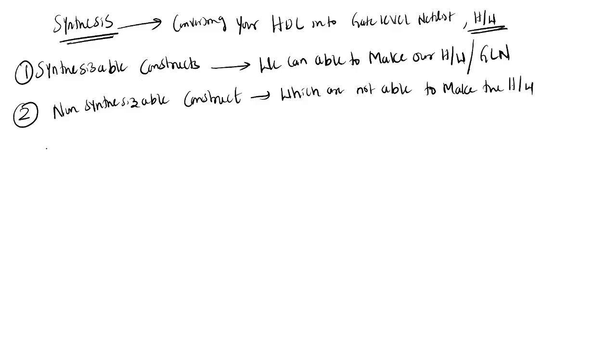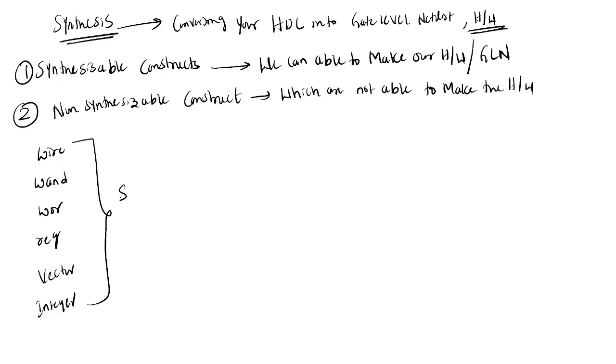We have data types like wire, wand, var, reg, vectors, and integer. These are synthesizable constructs, or synthesizable data types.